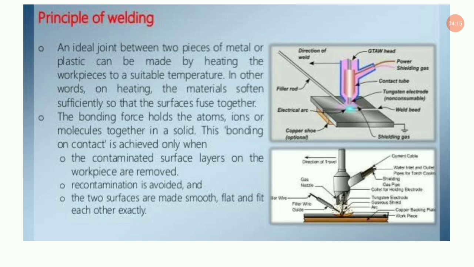So cathode and anode, considering direct current, DC. You have to keep in mind that generally we are using DC current. AC current can also be used during welding, but in general we use DC current.